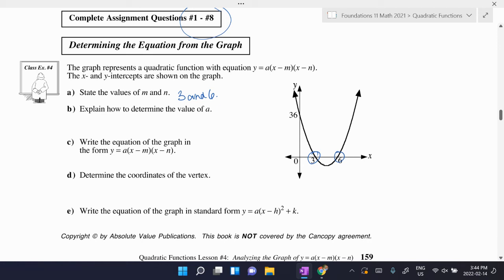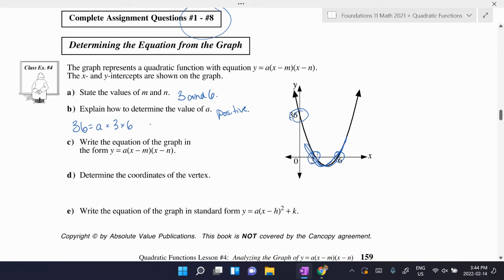Explain how to determine the value of a. Well, this is opening up, right? So we know it's going to be positive. And we have the y-intercept is equal to 36. 36 is equal to a times m, which is 3, times 6, which is n.